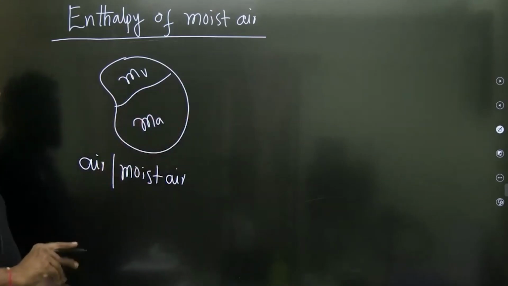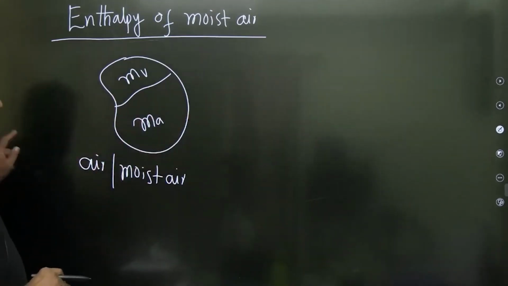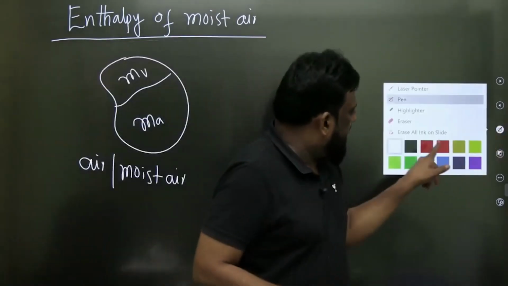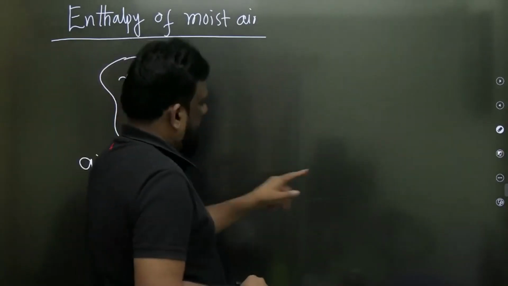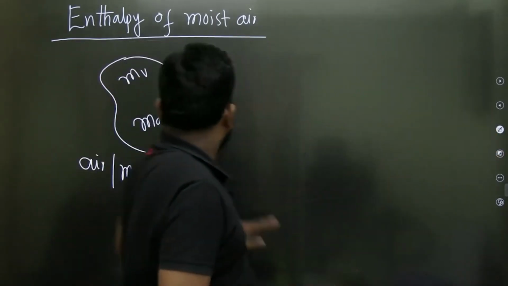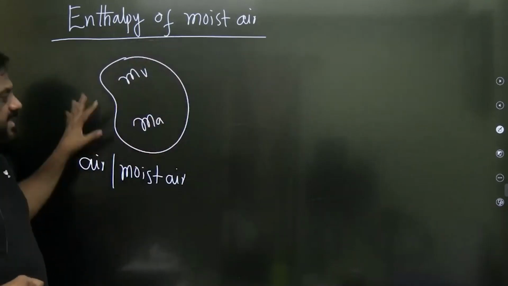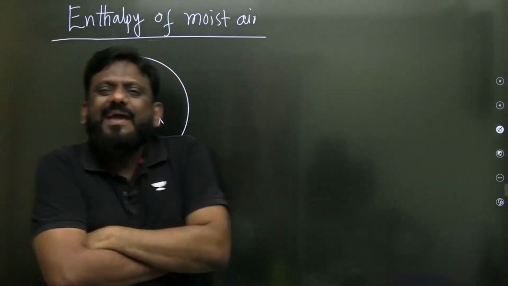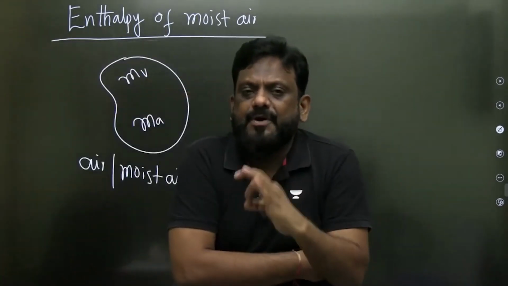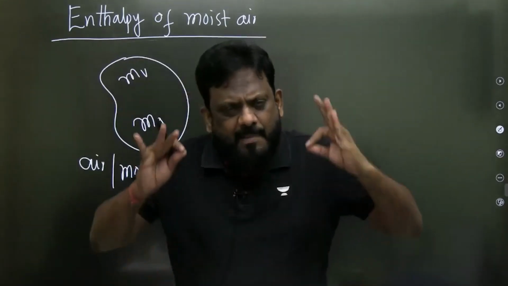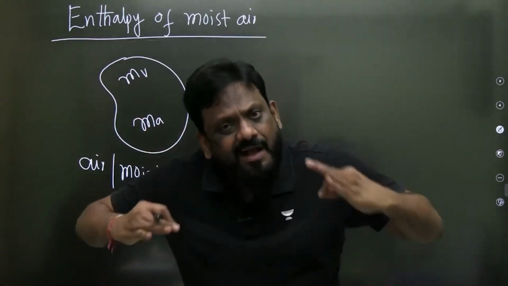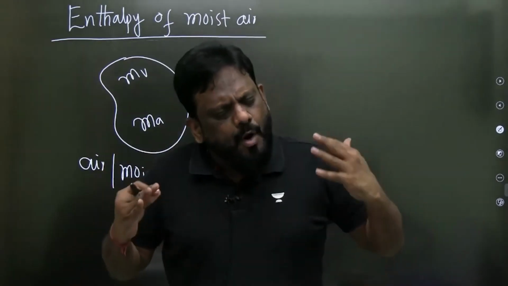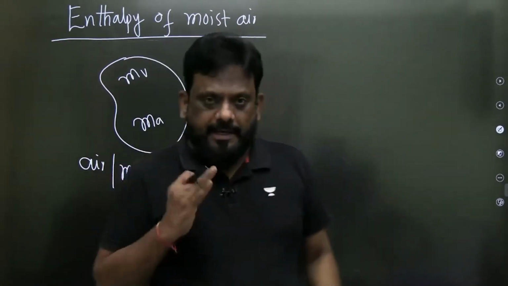Please note down that it's not separate, it is uniform. I'll remove this. Now there is some water vapor. This is known as moist air. Now my aim is to find out the enthalpy of this moist air. So what is this air? It is a moist air.